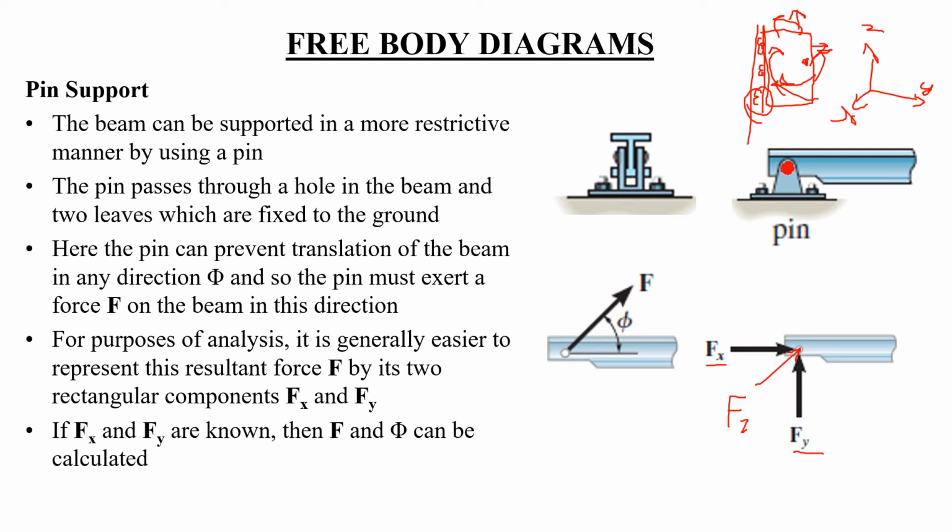You are free to rotate in the z axis, but you cannot rotate in the y or x axis. So you can see that this is also applying a reaction force or a stopping force in the x or y axis as well, right?